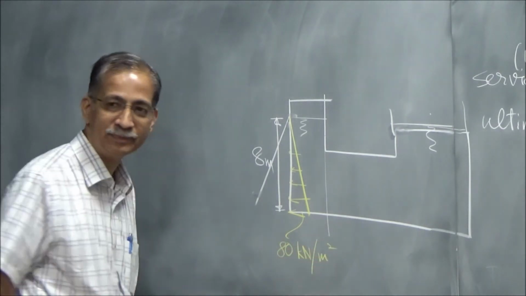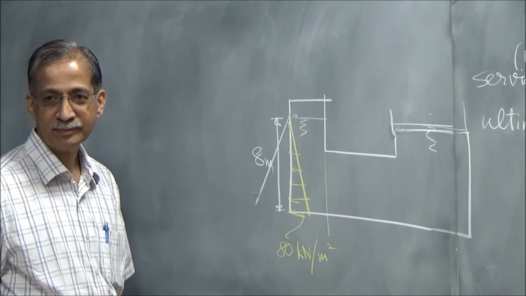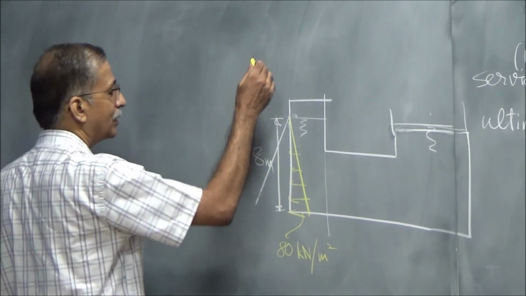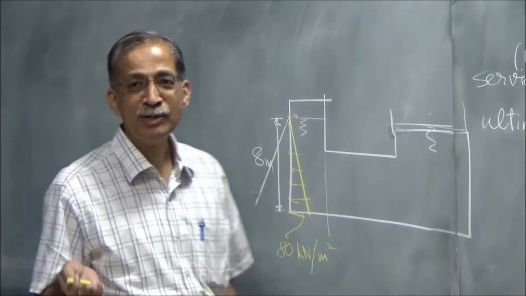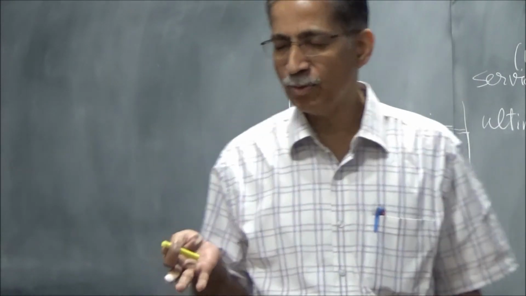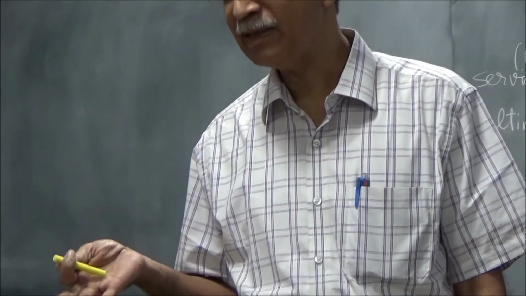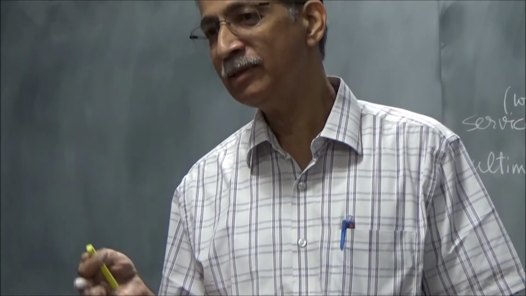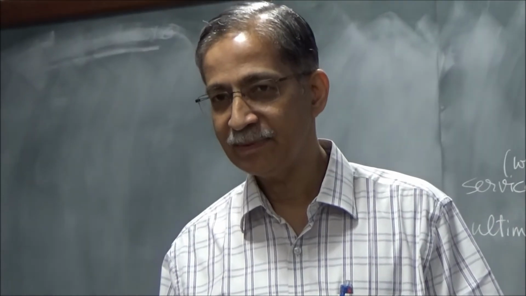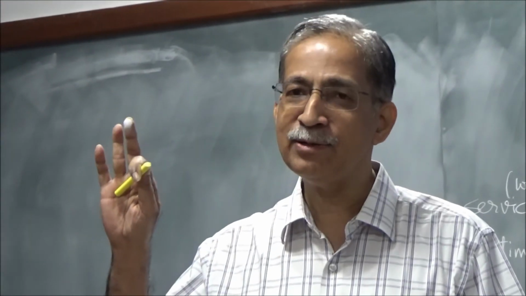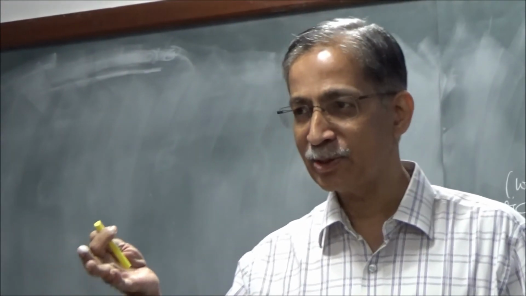Agree? Because the unit weight of water is 10 kilonewton per meter cube. Remember, concrete is 2.4 times that. 10 kilonewton per meter cube into height will make it kilonewton per meter square. 80.